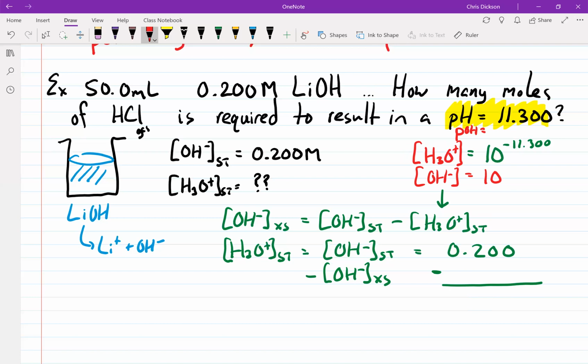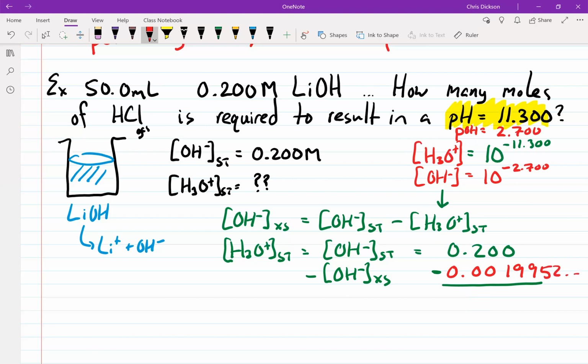So the pOH would be 14 minus that number. So 14 minus 11.3 is 2.700. So the hydroxide concentration would be the antilog of the pOH, which is negative 2.700. So if I go 10 raised to the negative 2.7, I'm getting, and I'm going to write it in decimal format here, 10 to the minus 3, so 0.01995 and so on.